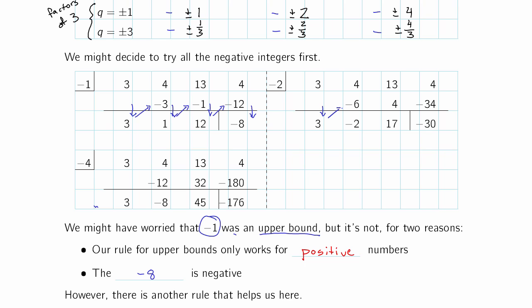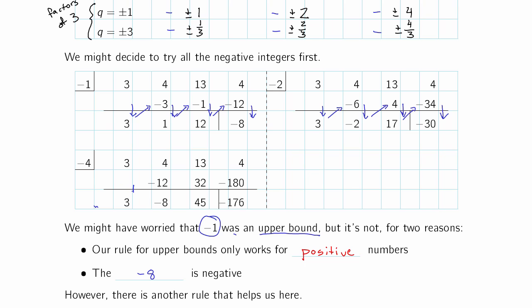3 times negative 2 is negative 6, plus 4 is negative 2. Times negative 2 is positive 4, plus 13 is 17. Times negative 2 is negative 34, plus 4 is negative 30. We notice that the signs are going back and forth, but our numbers are getting big.